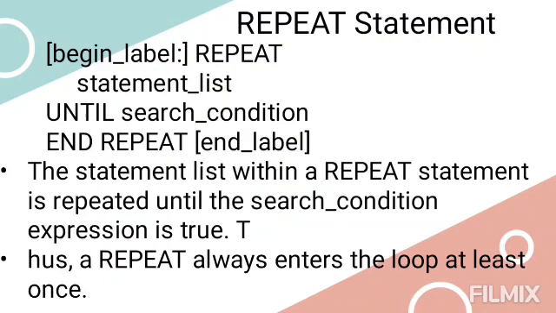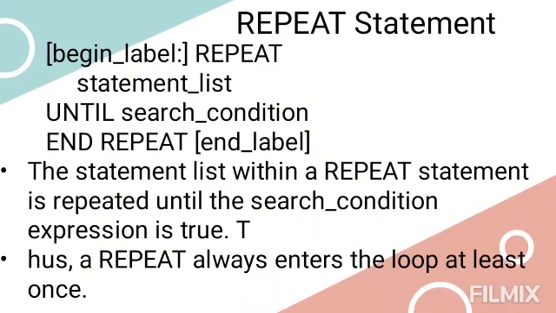Next, the repeat statement. Repeat is another iterative statement used in MySQL. Here also we use a begin label. REPEAT is the keyword for the loop. Then statement list, UNTIL search condition, END REPEAT label. The statement list within the repeat statement is repeated until the search condition expression is true.